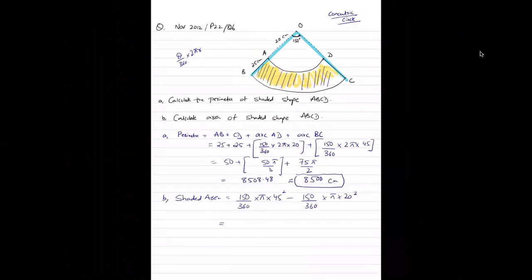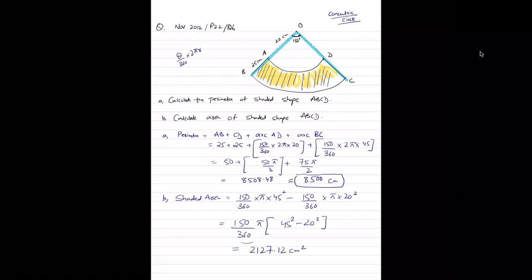So you can work this out. I can also take 150 upon 360 pi common, 45 squared minus 20 squared. 127.12 centimeters squared.